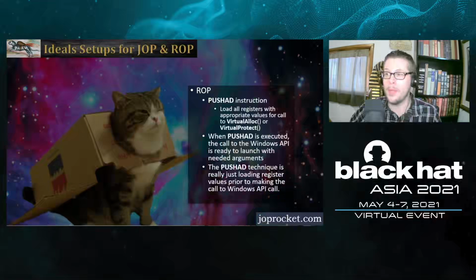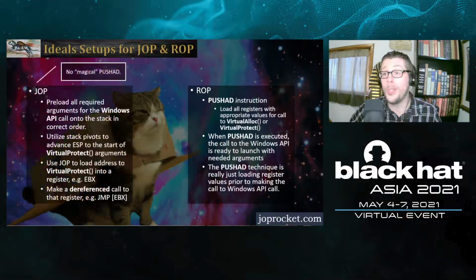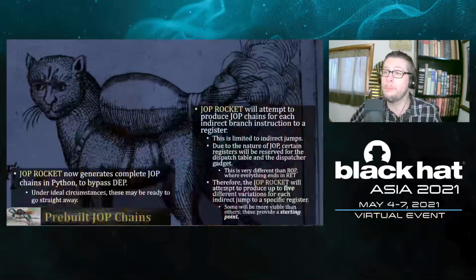We'll push them onto the stack in a very specific order, and then make the Win API call. With JOP, there is no magical pushad instruction. Instead, we'll take all of our parameter values in a very specific order, dump them onto the stack, and then use a series of multiple stack pivots to reach that location, and then dereference the Win API call, and from there, the rest is history.